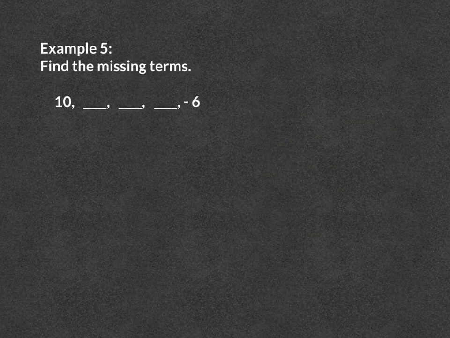Example number 5. Find the missing terms. So they gave me the first term, which is 10, and the last term, which is negative 6. So we need to find the missing terms in between. So I have a sub 2 that I'm looking for, a sub 3, and a sub 4. They gave us a sub 1 and a sub 5.